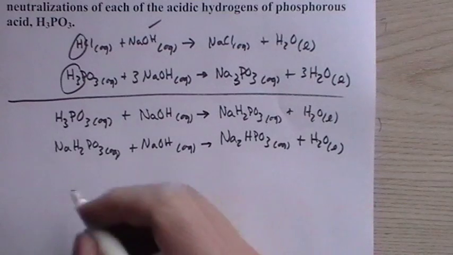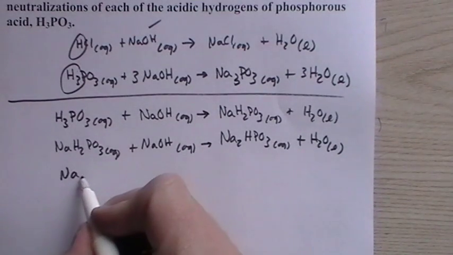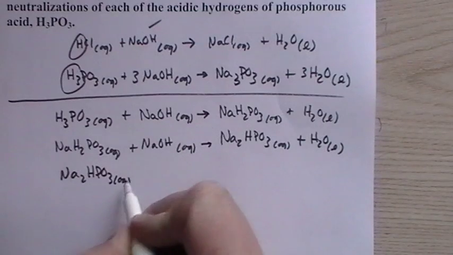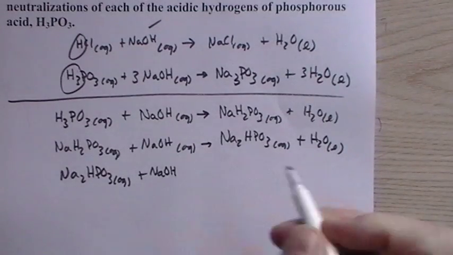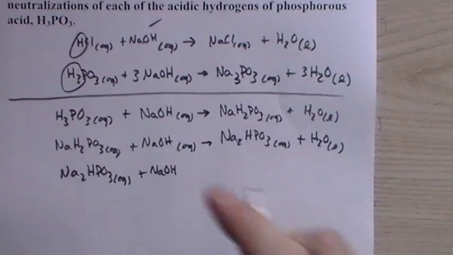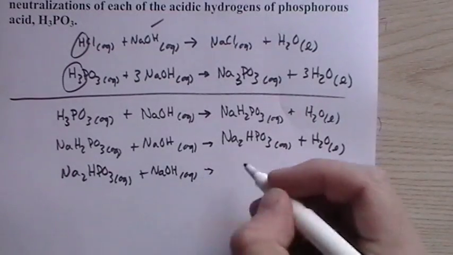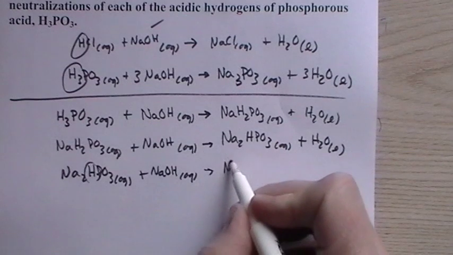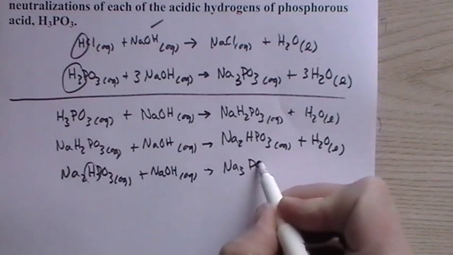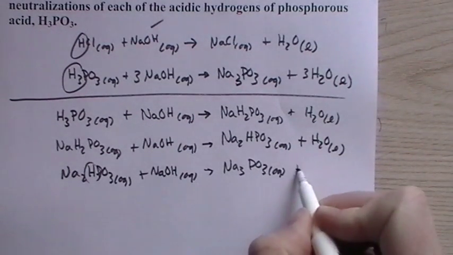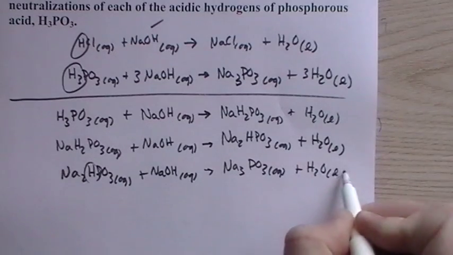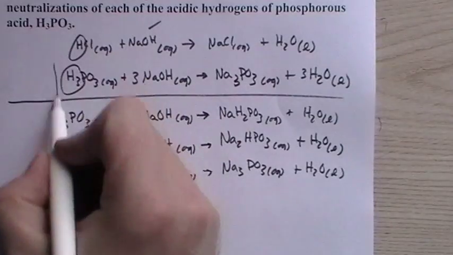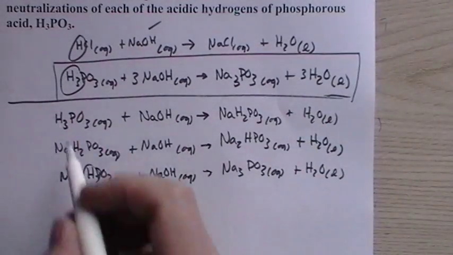But there's still a hydrogen here, so we do the 3rd step, plus the sodium hydroxide. And that removes the last of the acidic hydrogens available here. So we have Na3PO3 plus H2O.